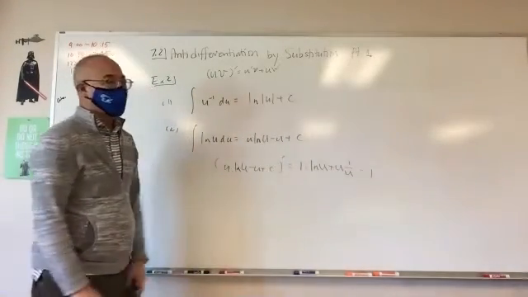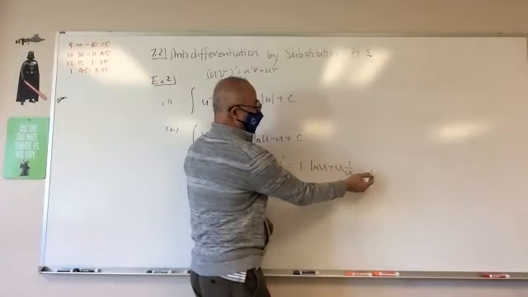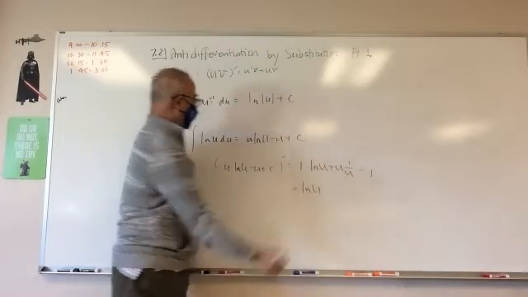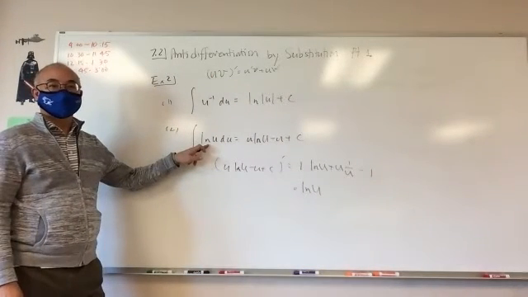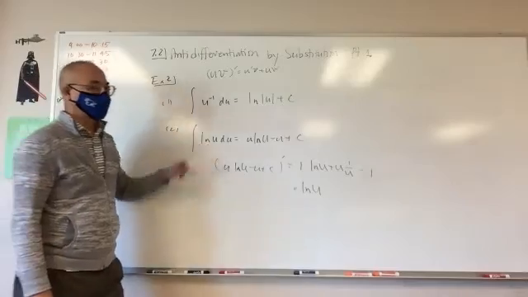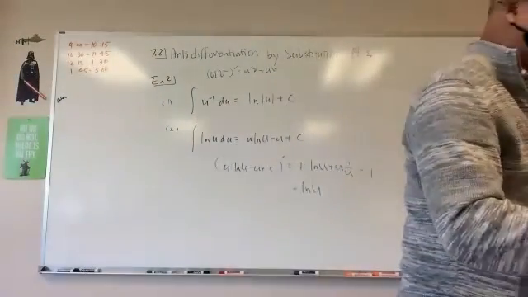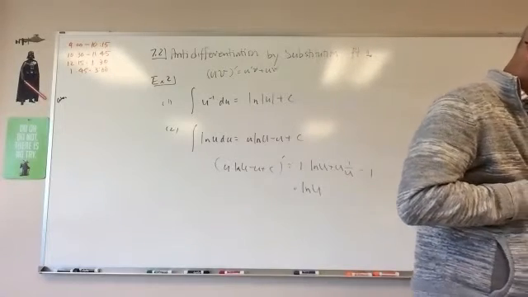C goes away. u over u is 1. 1 minus 1 is 0. Ta-da! Natural log of u. Right? It works. So all we did was verify. We were not asked to derive it. All we're doing is verifying, right?